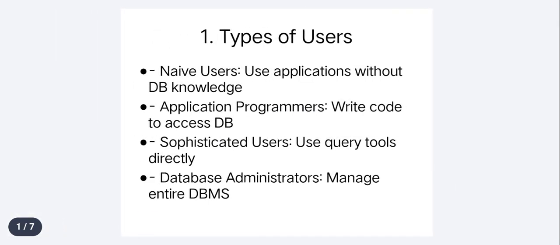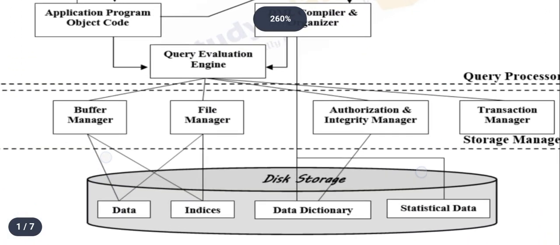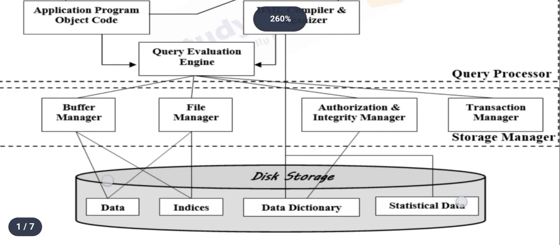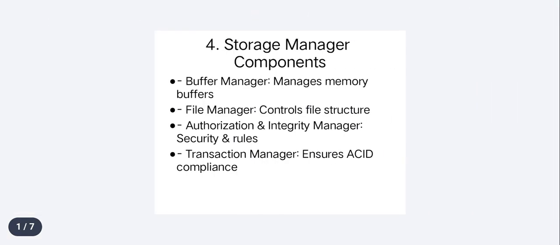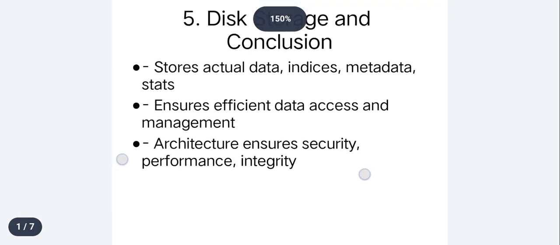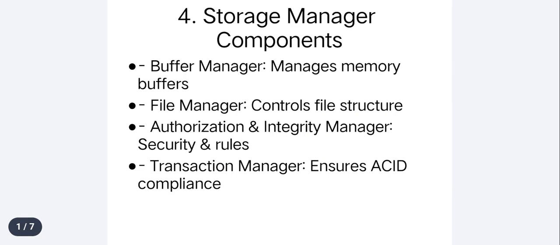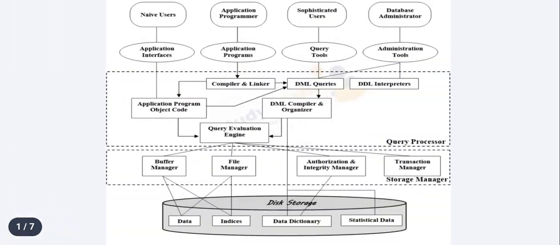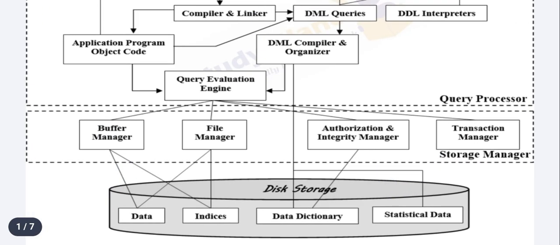And last point is disk storage, meaning where the data is stored. Let's see them one by one. Disk storage, and then the conclusion. Disk storage means first one is data. Data means the actual data stored in the database.